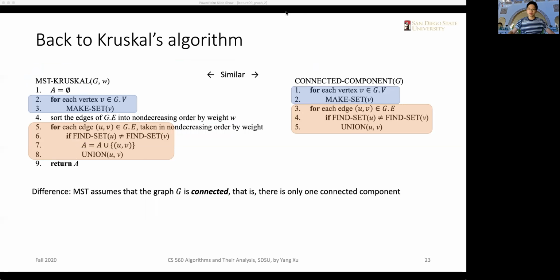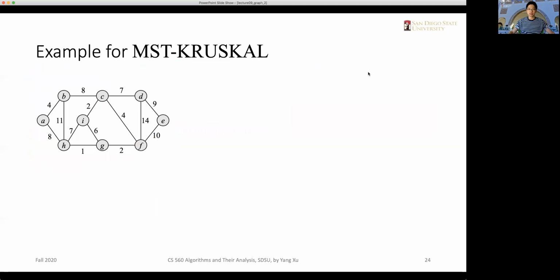All right, now let's go through an example to see how Kruskal's algorithm runs. We'll start from an empty A. Remember, A is the subset of the minimum spanning tree that we grow incrementally.